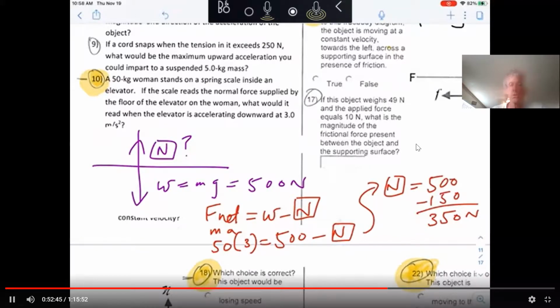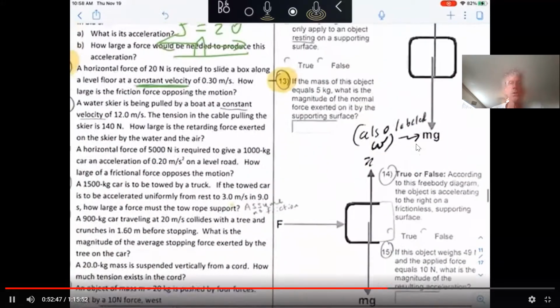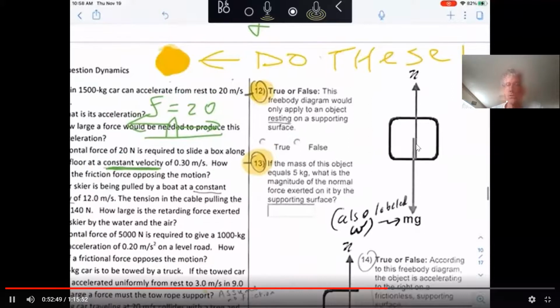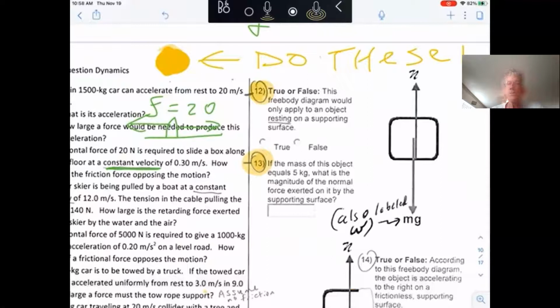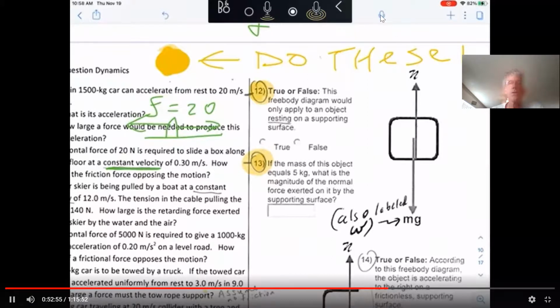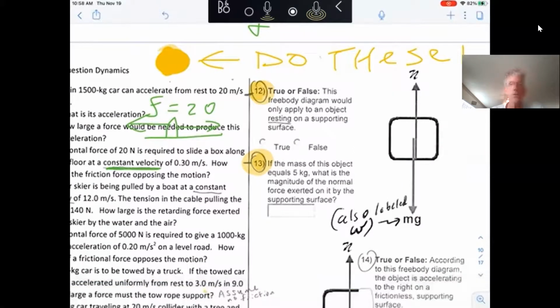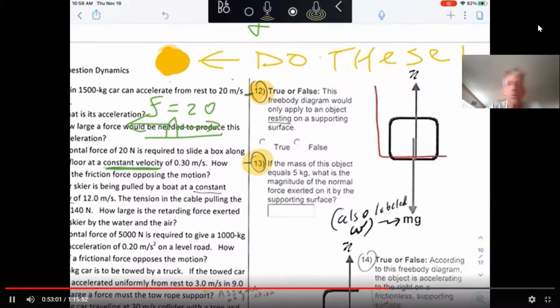Okay, next. The forces look like they're balanced, the normal force and the weight. So it could be at rest, but it doesn't have to be at rest.